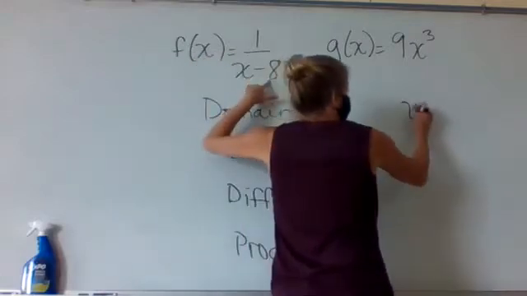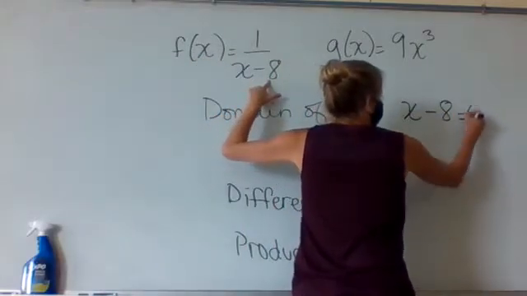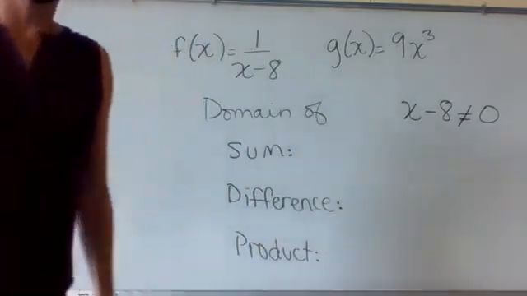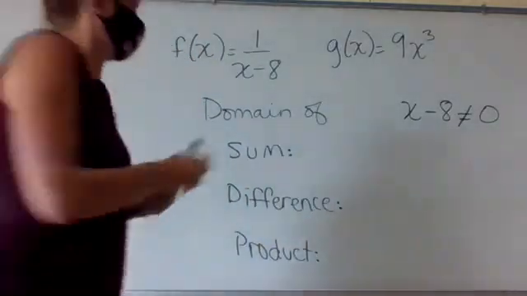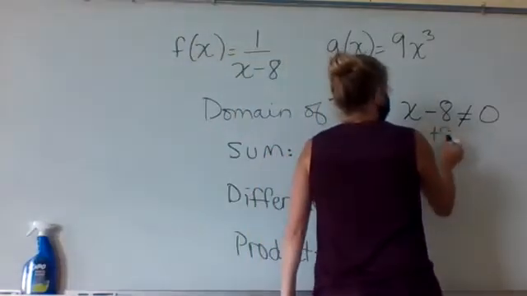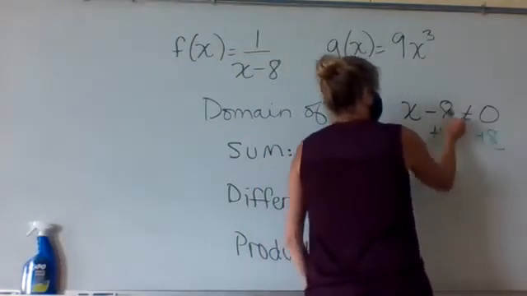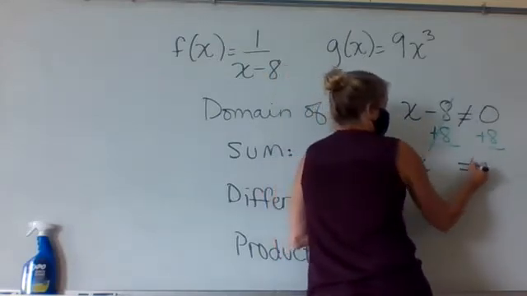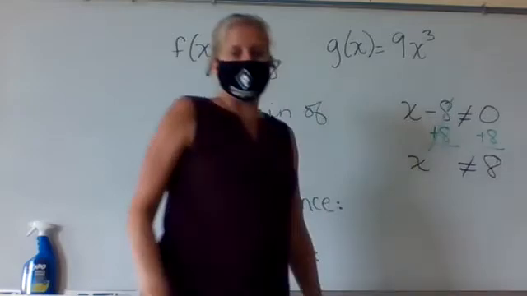So x minus 8 cannot equal 0. Solve it for x, which just means to add the 8 to both sides. Cancel out that minus 8, so x cannot equal 8.